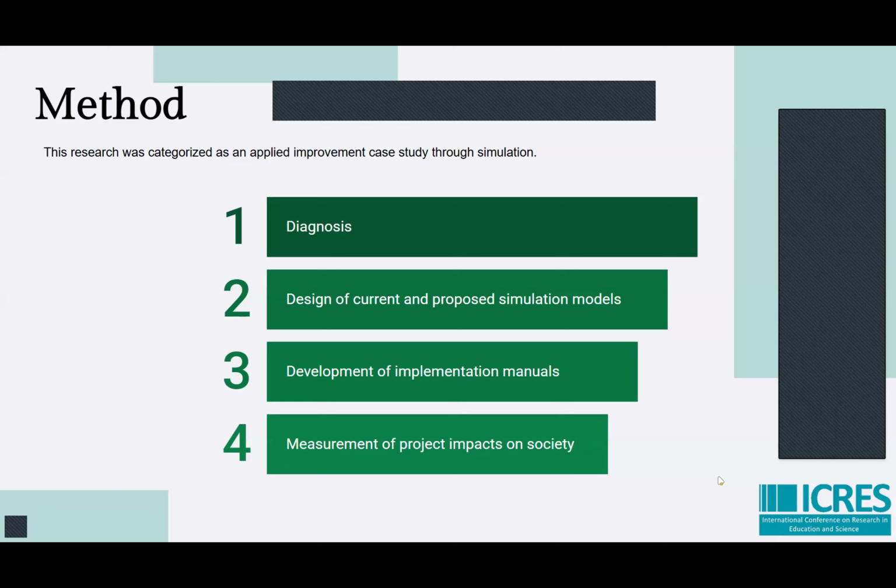And also these site visits allowed direct observation of the production process and the supply chain stages, revealing improvement opportunities. And moreover, these key performance indicators were collected in order to evaluate a company's performance in specific areas.